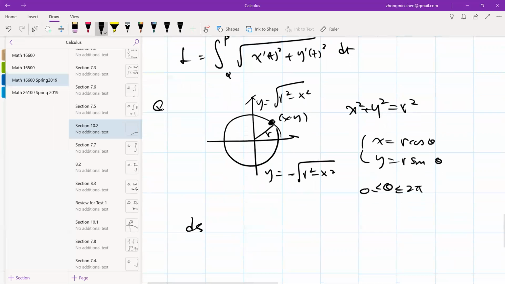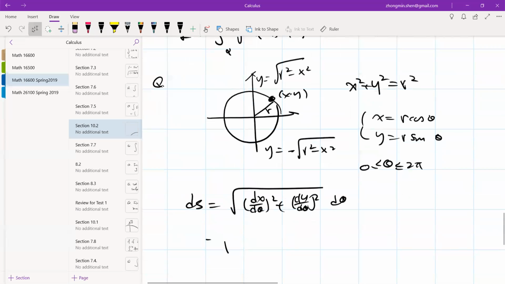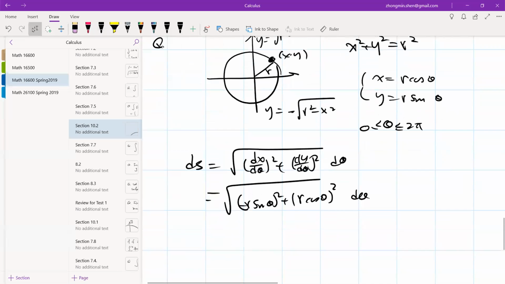Then ds is the square root of (dx/d theta) squared plus (dy/d theta) squared, d theta. When you differentiate, you get r negative sine theta, r cosine theta, squared, and d theta. So you simplify it, you will get r squared inside the radical, then you can just take r.